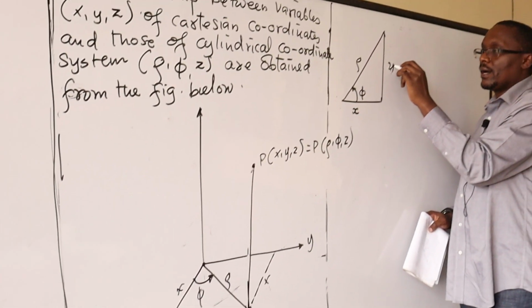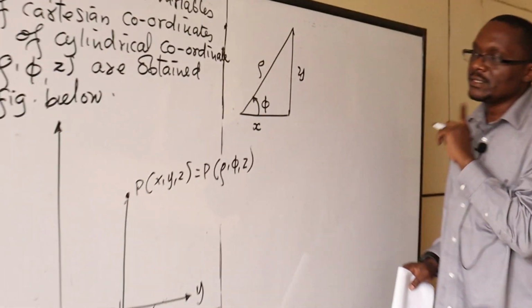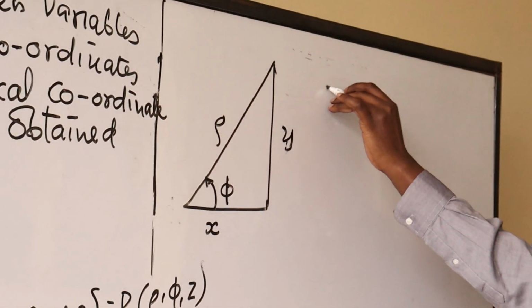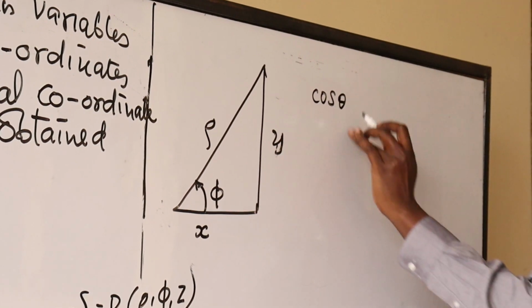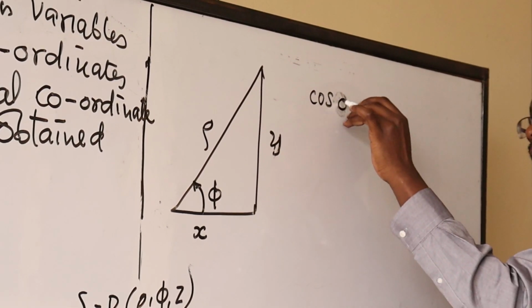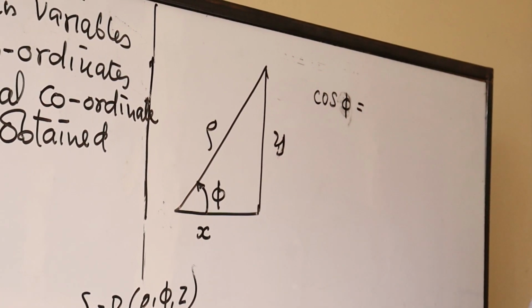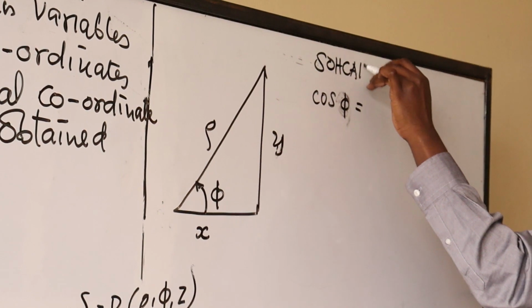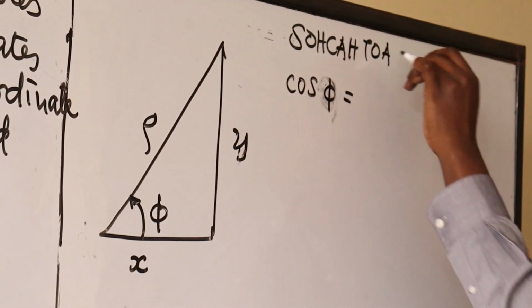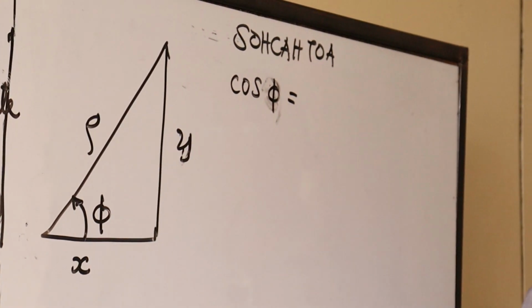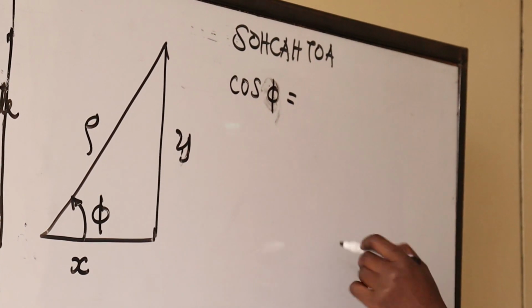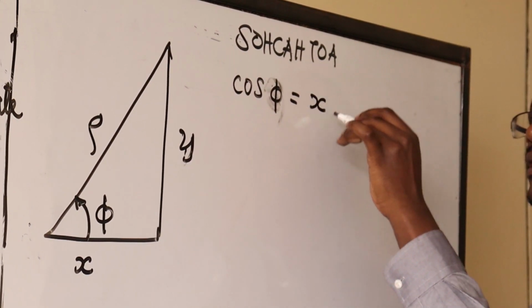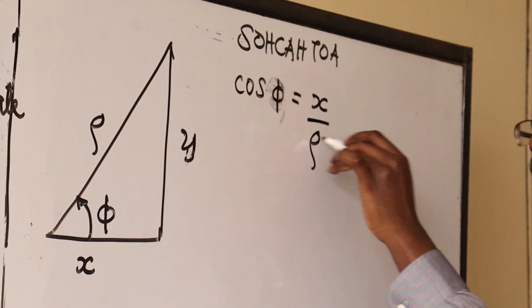Now, if we apply our trigonometry a bit, and we get the cosine of that angle phi, cosine of phi is going to give me what? If we look at our SOHCAHTOA, because that is what we want to apply, the cosine will definitely give me the adjacent, which is x, over the hypotenuse, which is rho.